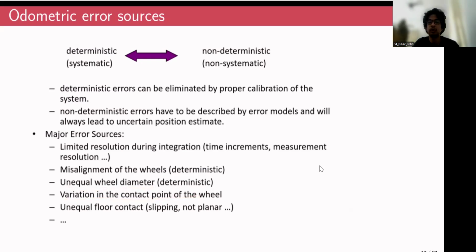And as a result, even if we model the robot to be moving without any sort of slippage, in real cases there is always going to be some sort of slipping between the wheels and the contact points. So that is some error that we cannot fully eliminate.